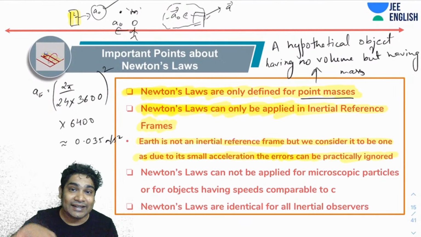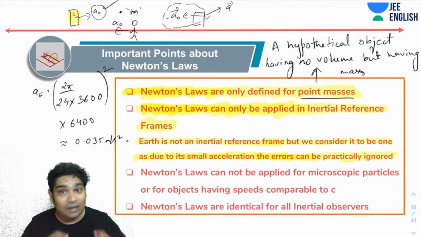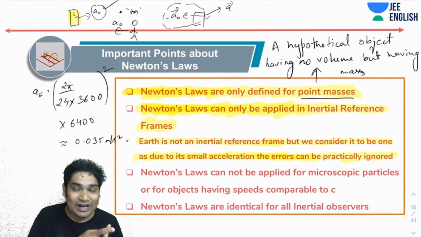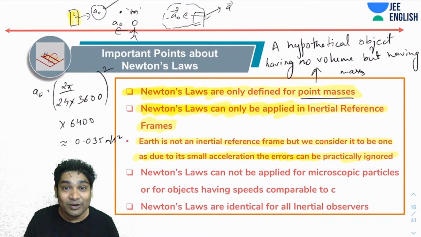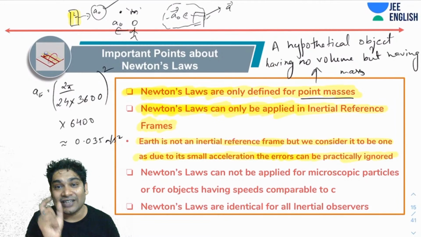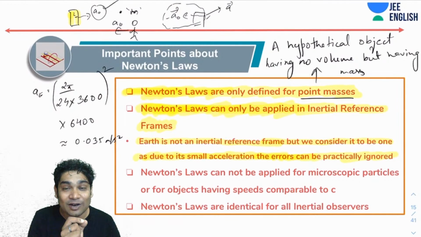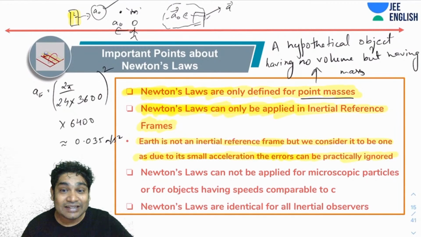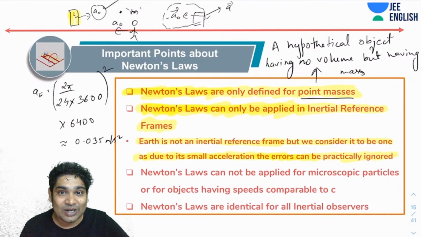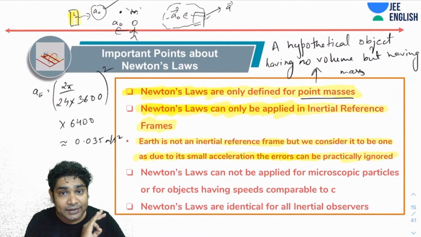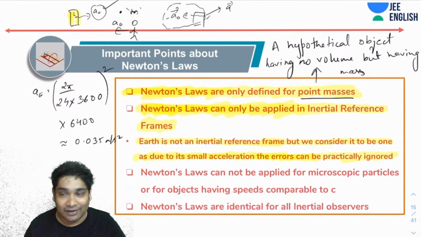So all the scientists said, we know that we cannot strictly apply Newton's laws on Earth, but it's better to have something with a small error than not to have anything at all. That is the only reason why we apply Newton's laws on Earth, because its acceleration is so small that practically you can ignore it and you will be fine.